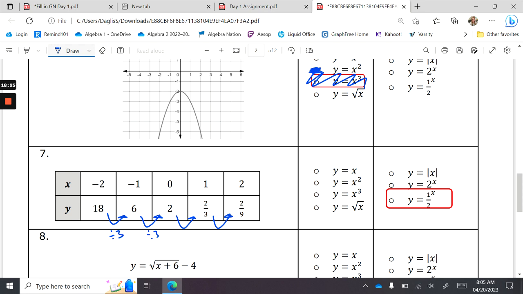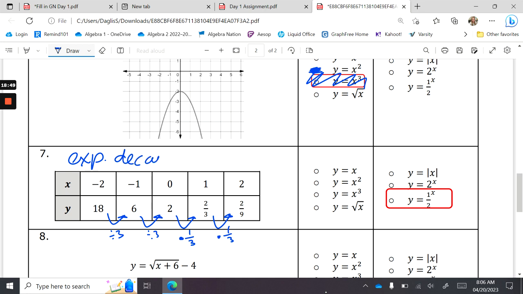Dividing by 3 is the same thing as multiplying by what fraction? We can multiply by 1/3. Okay, so this is an exponential decay.